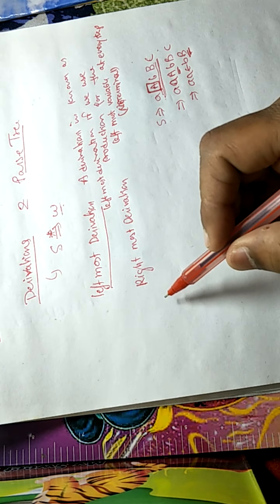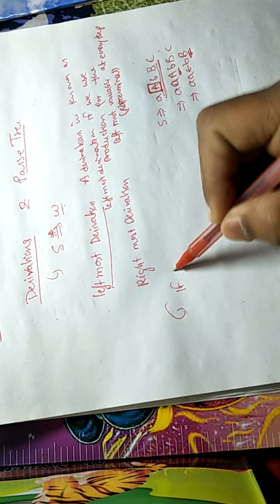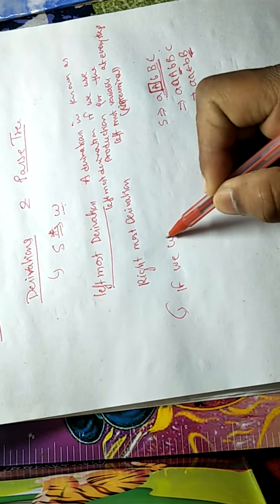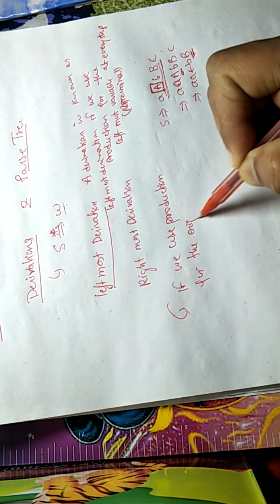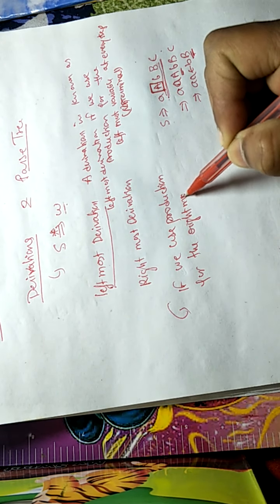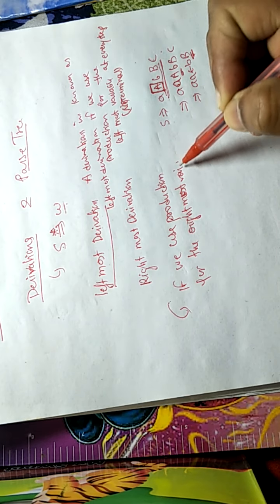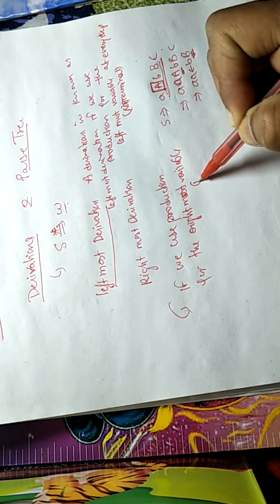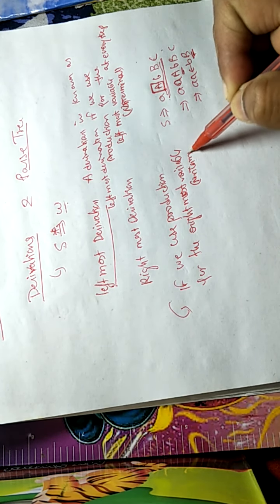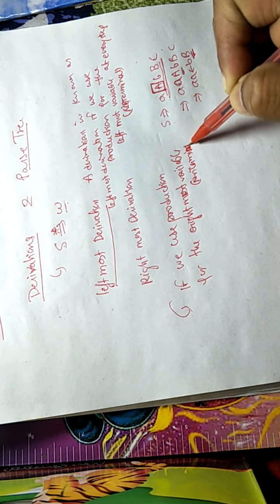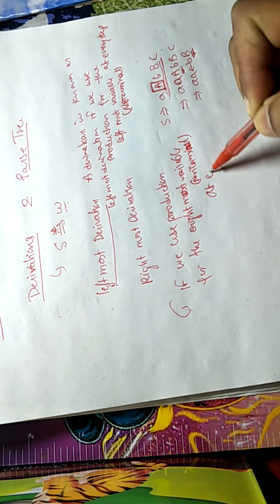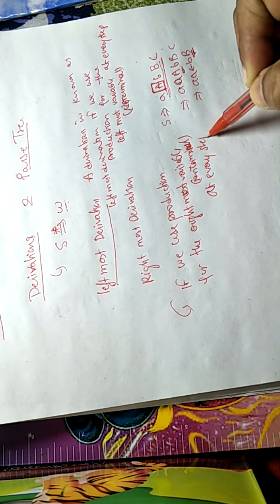So this process will be known as leftmost derivation. What is the rightmost derivation? If we use productions for the rightmost variable or non-terminal at every step.